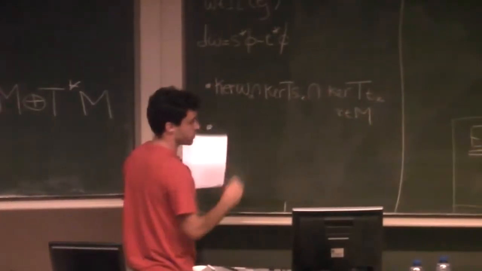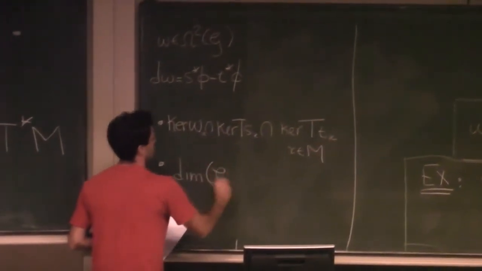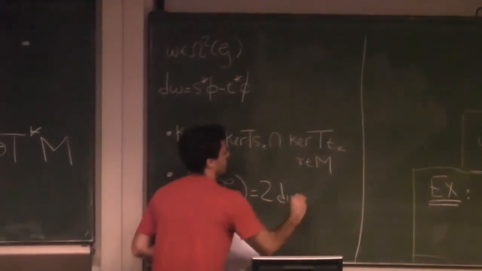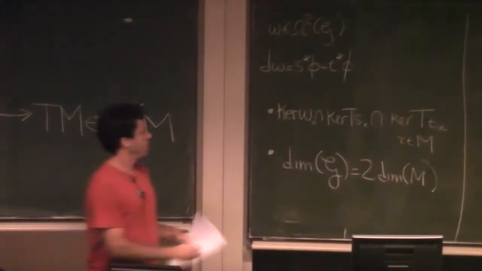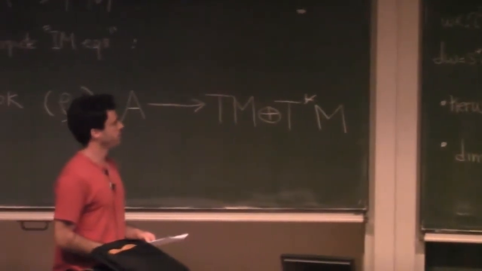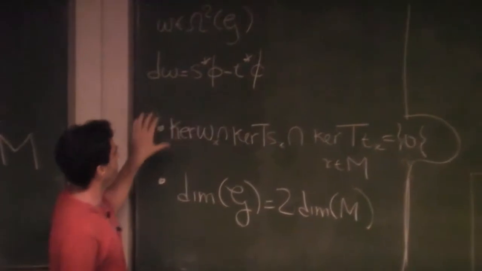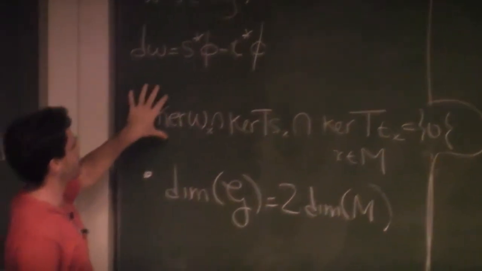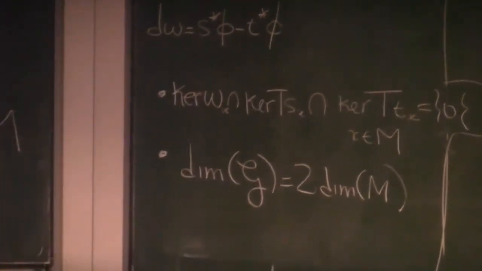The combination of the two conditions is equivalent, but anyway. And the dimension condition was that the dimension of the groupoid was twice the dimension of the manifold. Right? So, yeah, the intersection is 0. Right, 0. Okay. So the kind of multiplicative two-forms that correspond to Dirac structures are not just any two-forms, but they can degenerate in a controlled way. Okay, so that's the theorem.